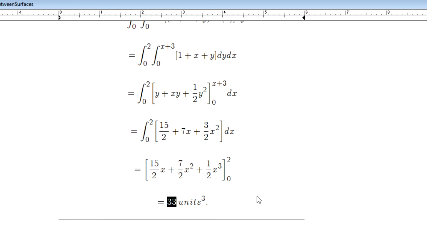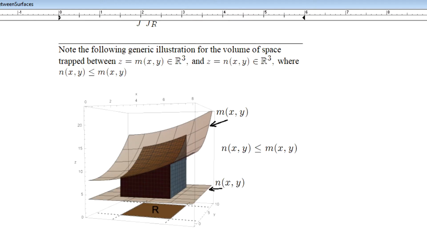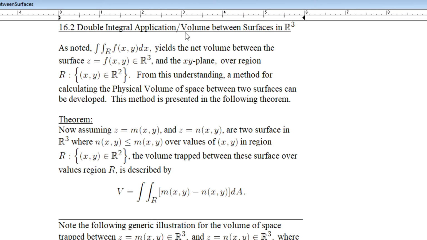And the physical volume trapped between these two surfaces is 33 units cubed. All right, folks, so that is another quick description of an application for double integrals, calculating volume between two surfaces in R sub 3.